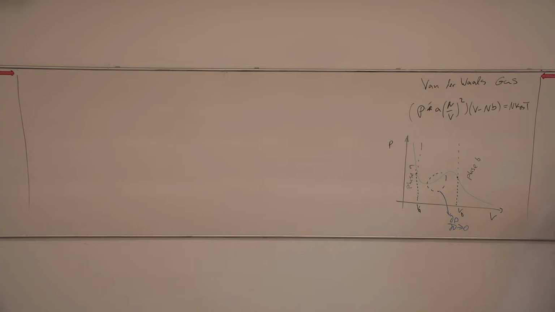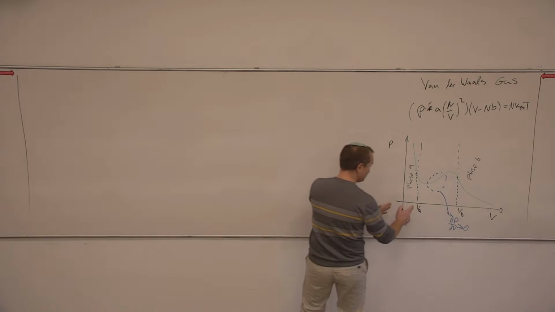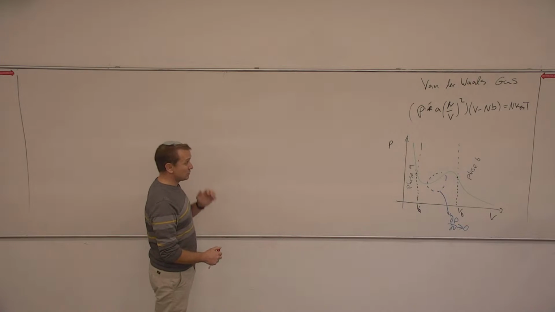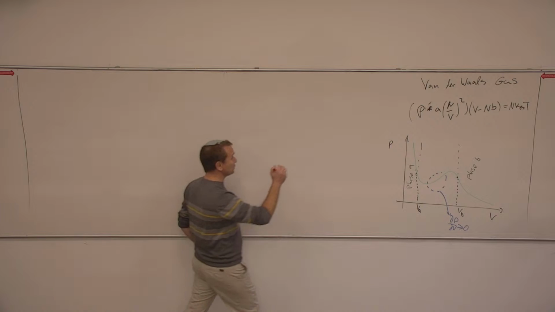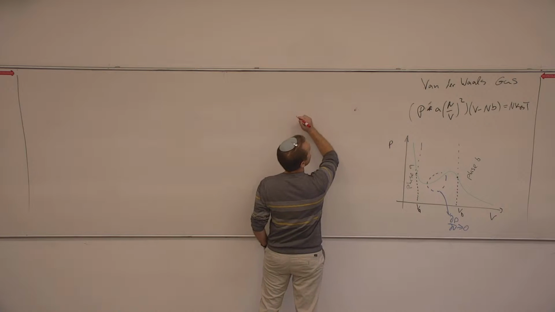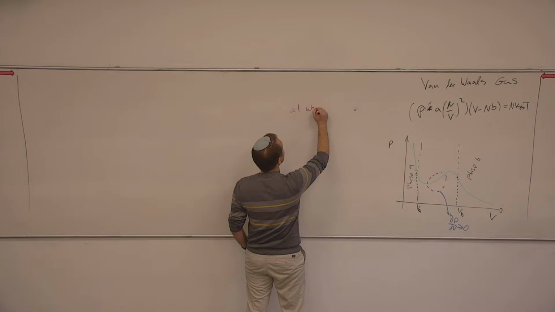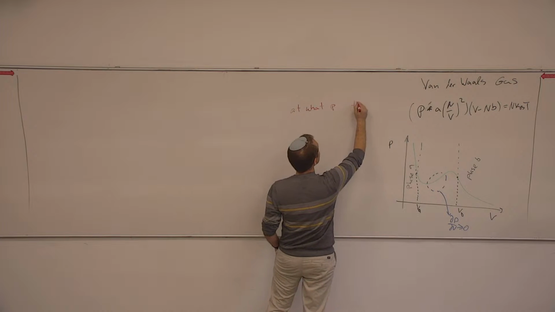How do we want to define this transition? So basically, what we want to show is at what P the transition occurs.